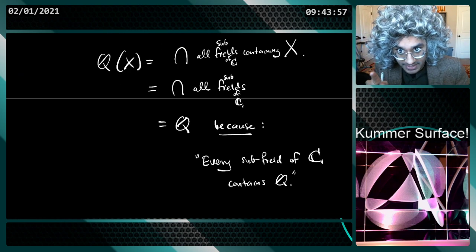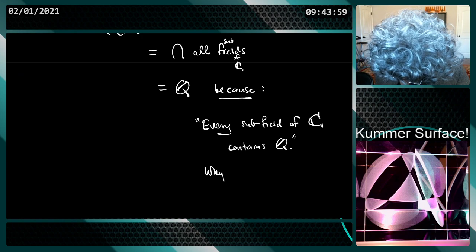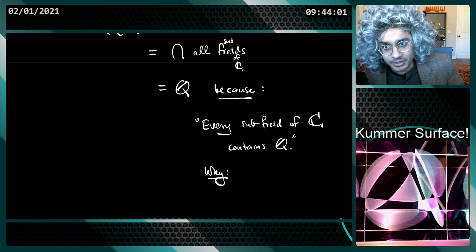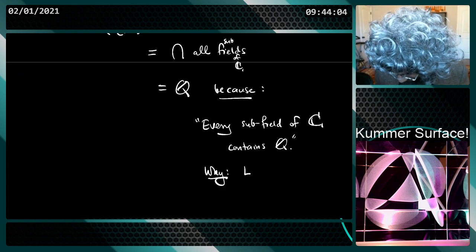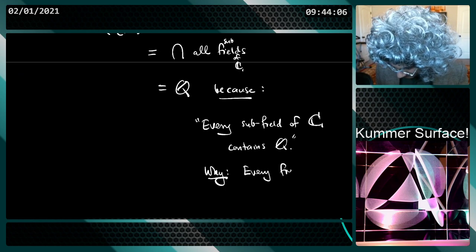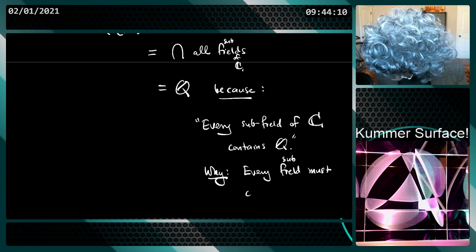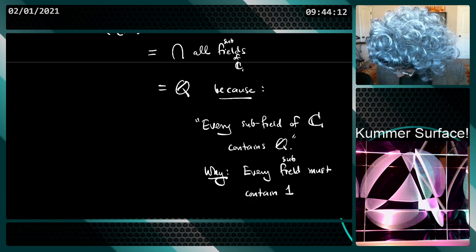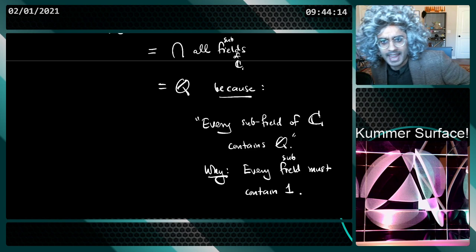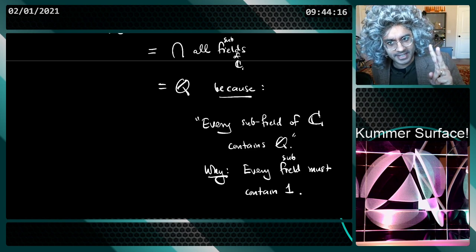Why is the last thing true? Because every field contains the element 1. And if it contains 1, it contains 2.